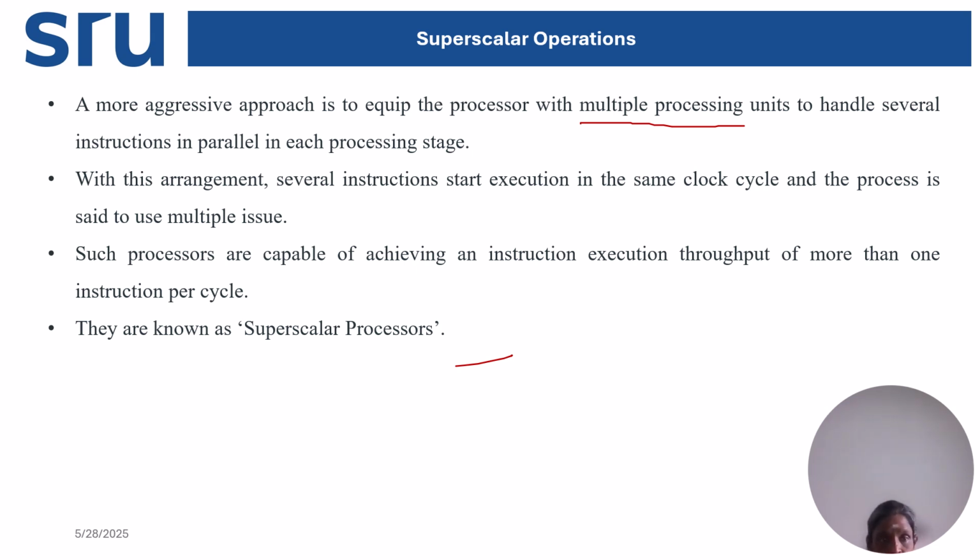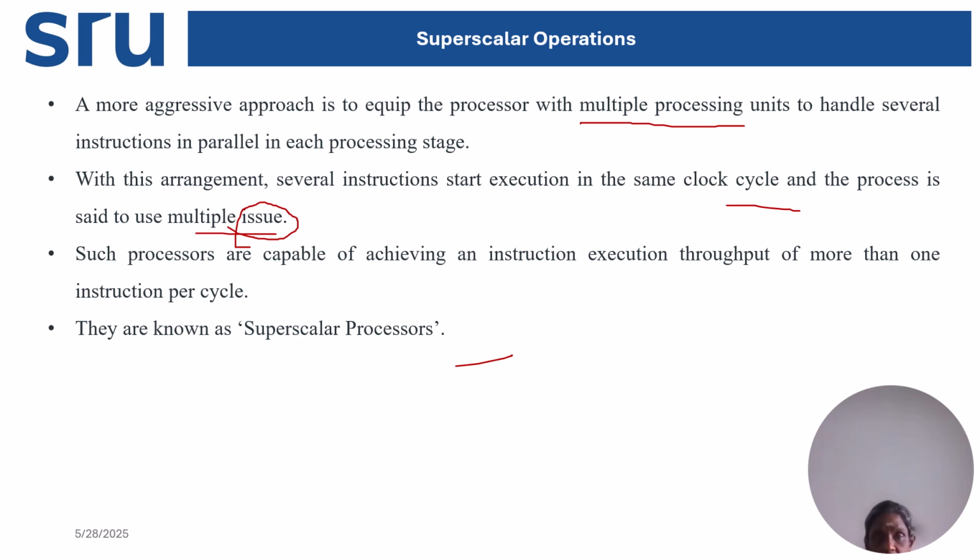clock cycle. So with this arrangement, several instructions start execution in the same clock cycle, and the processor is said to use multiple issue. Issue means instruction. Each processing element will be supplied with an individual instruction.